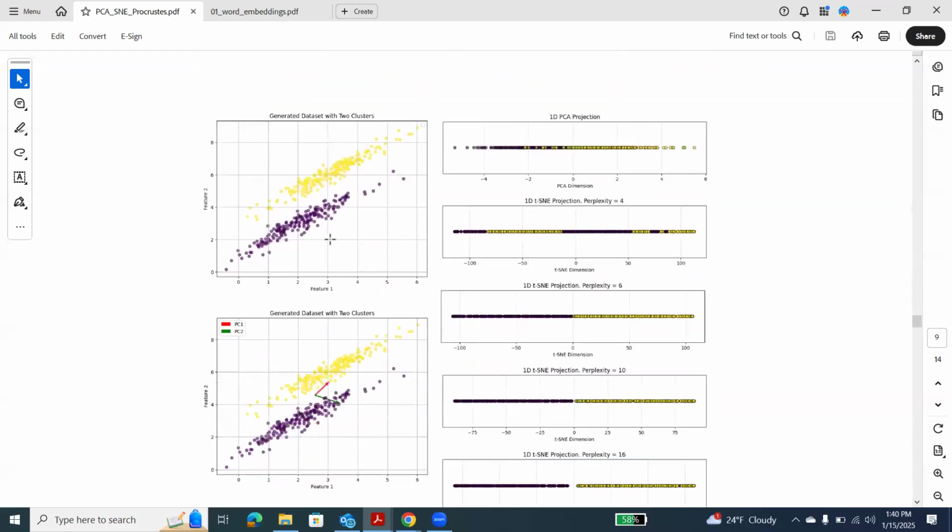So what is the problem with PCA? If our data set has two clusters, PCA will choose the principal component along these clusters, and after projection these data points will be mixed.